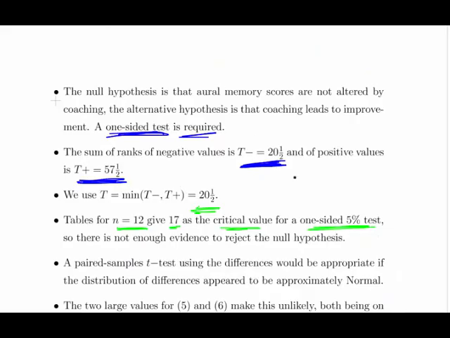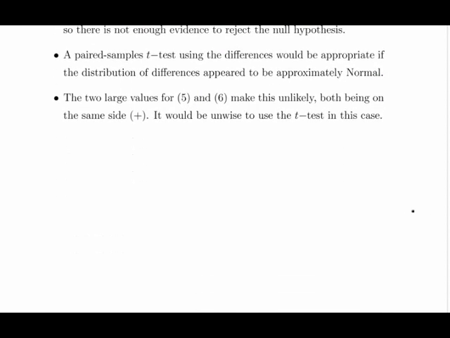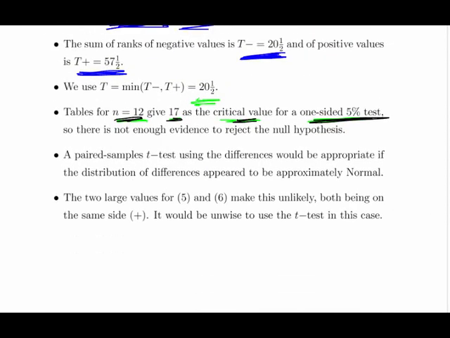So tables for n equals 12 gives 17 as the critical value for a one-sided 5% test. In this case, the test statistic has to be less than 17, so there is not enough evidence to reject the null hypothesis.